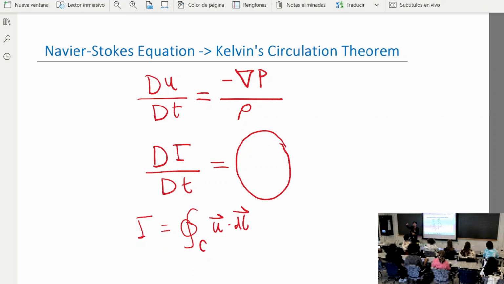If you integrate a vector from start to end along a closed contour, you get the point minus the point itself, which is equal to zero. So basically gamma in the free stream is equal to zero, no matter what frame of reference you look at.